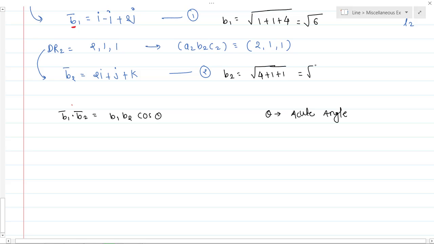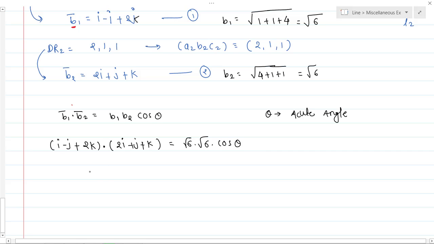It is again root 6. Then what is b1 bar dot b2 bar? b1 bar dot b2 bar is i minus j plus 2k, okay, it should be k, dotted with 2i plus j plus k. It equals root 6 into root 6 into cos theta.